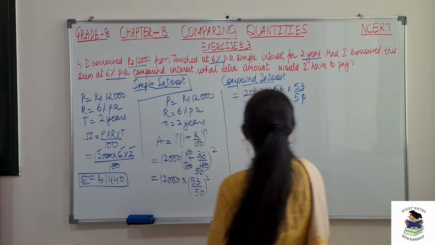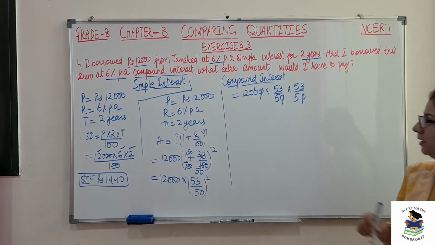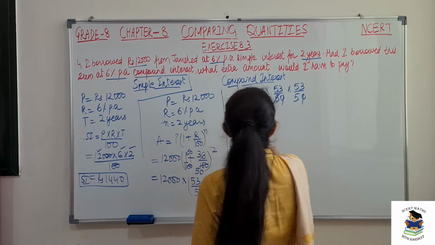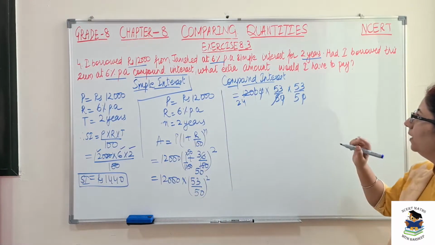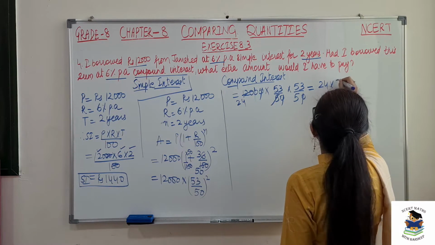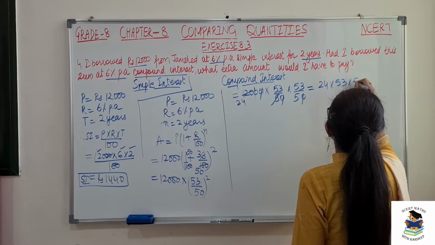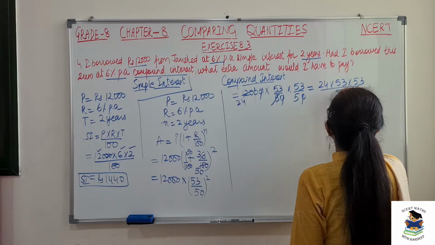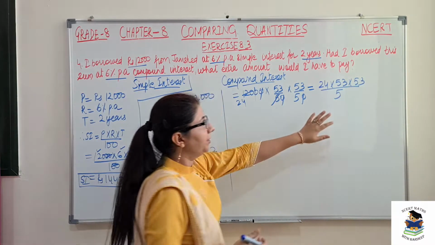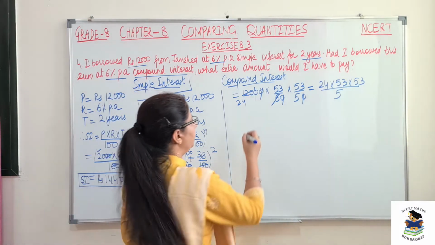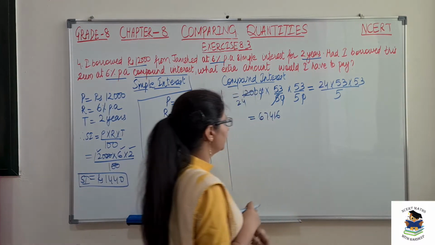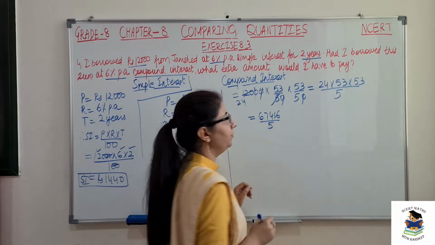So again 2 zeros will be cancelled, right? So 5 2s are 10, 24. So this 5 I cannot cancel. So the answer should be 24 into 53 into 53 over 5. So after this step our answer will be 67416 over 5.